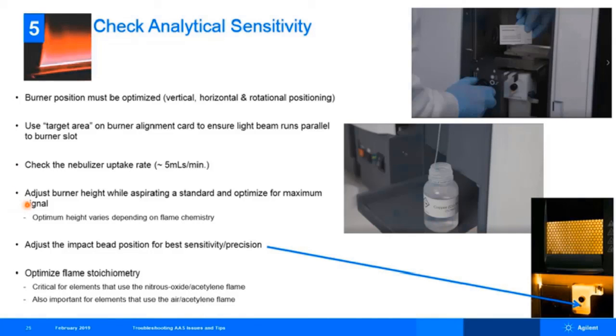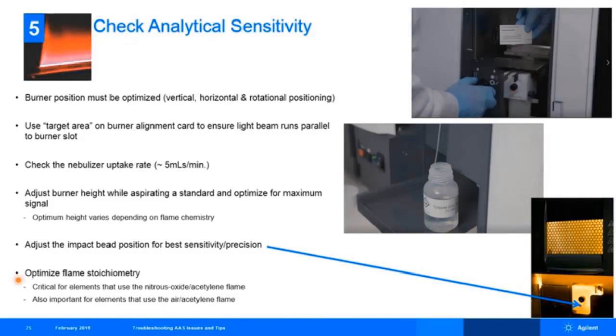Once you've done those preliminary adjustments, you should then aspirate a standard. In this case, it's a 5 ppm copper standard, but you want to aspirate your standard and then optimize the system a little further for maximum sensitivity. And here we really want to focus on things like the impact bead position. So we can use the adjuster to make sure that we're getting the best sensitivity and best precision.